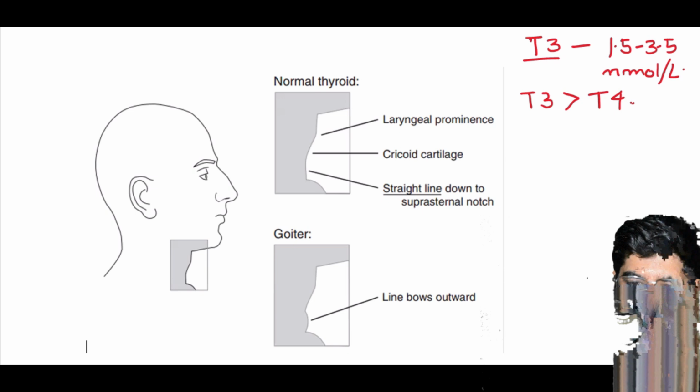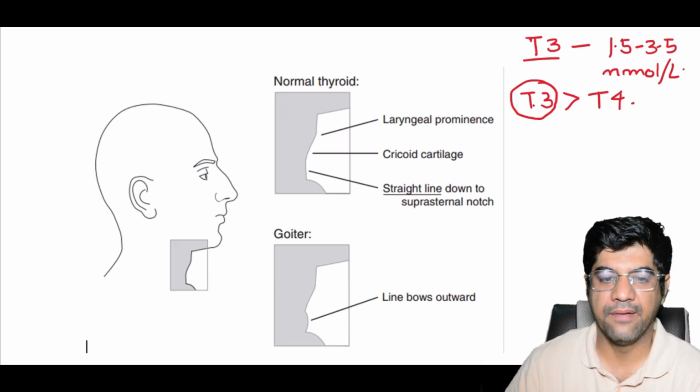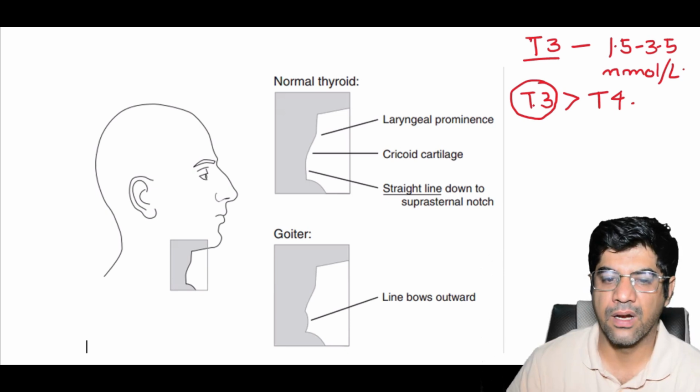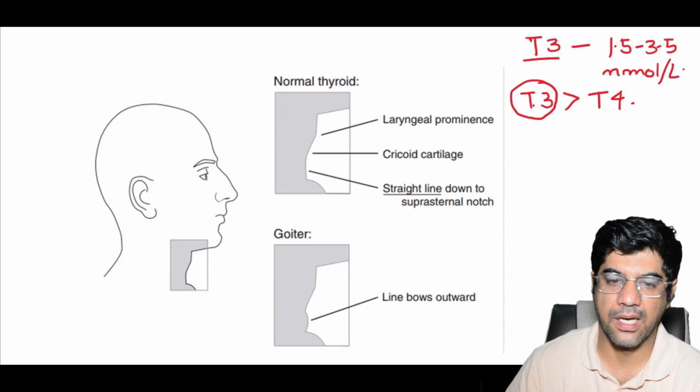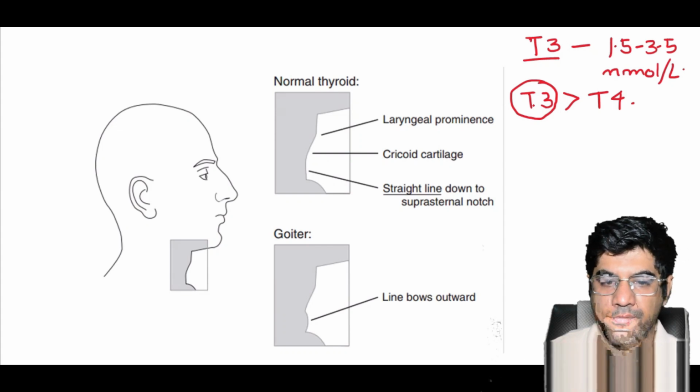Remember, the free T3 is used especially in diagnosing early hyperthyroidism, especially in pregnancy, where T4 and T3 levels rise earlier. So the free T3, T4 levels rise earlier than the total T4, T3 levels.